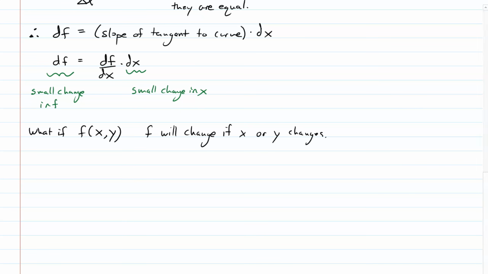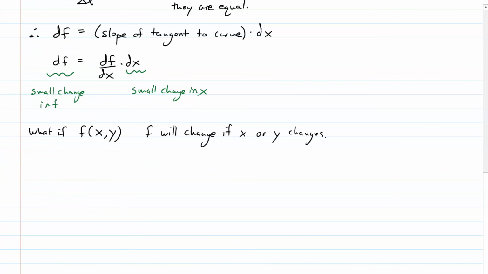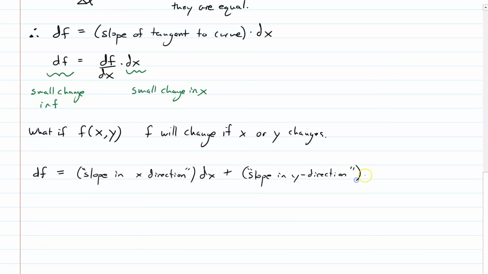So we're going to write this kind of thing as df, that's the change in f, will be equal to the slope if I move in the x direction times dx plus the slope in the y direction times dy. Okay? And that's what the partial derivatives give you.